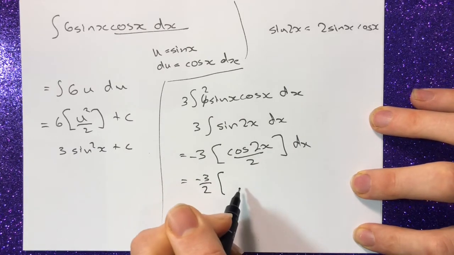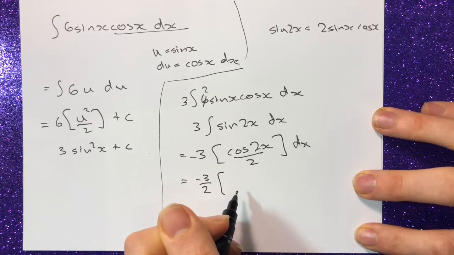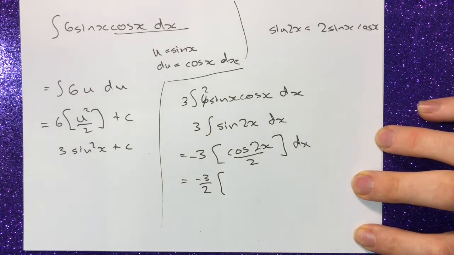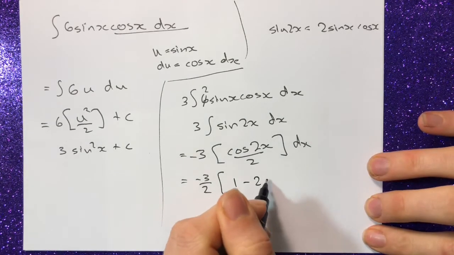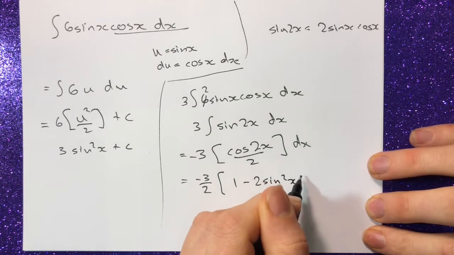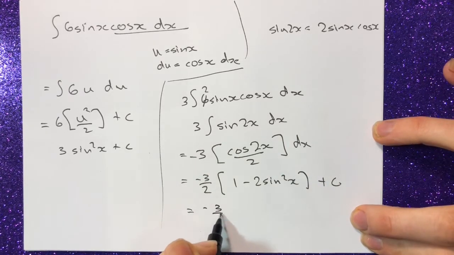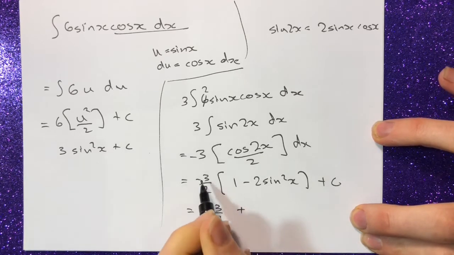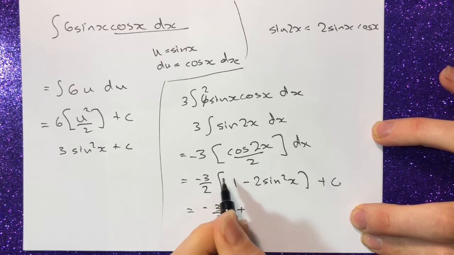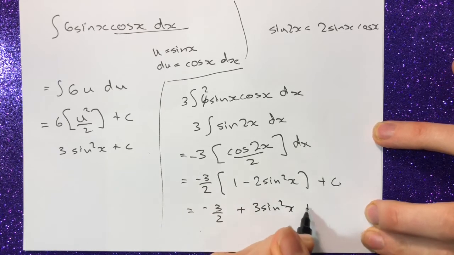And remember that cos 2x, because I'm trying to make it the same answer as this one, simplifies to 1 minus 2 sine squared x. So here I can have minus 3 on 2 plus 3, because the minuses cancel, the 2's cancel, so 3 sine squared x plus c.